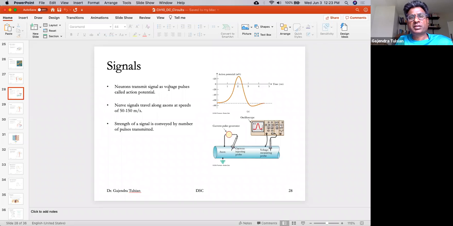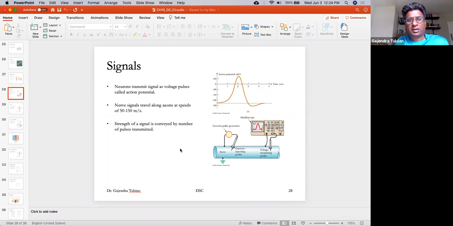So neurons transmit signals as voltage pulses called action potentials. So this is a voltage pulse. Something changed here where the potential inside went from minus 70 millivolts for 2 or 3 milliseconds to plus 30 millivolts. And then that changes neighboring cell wall properties, and this pulse travels.